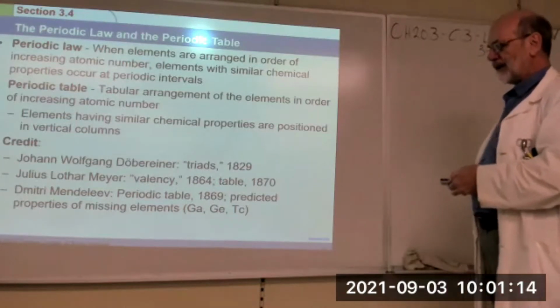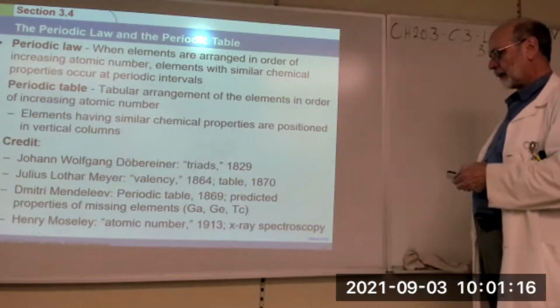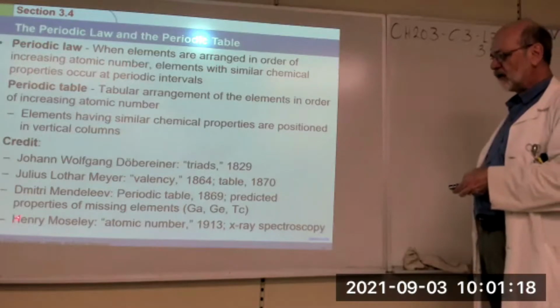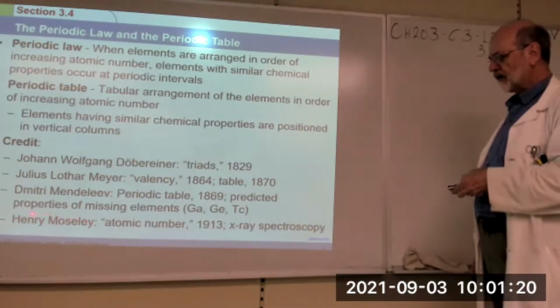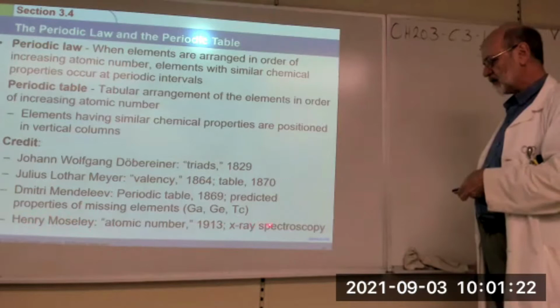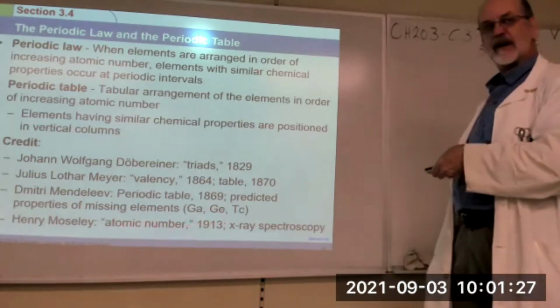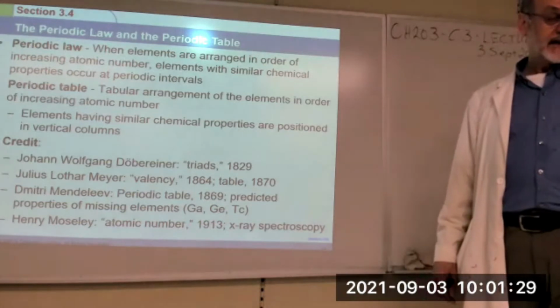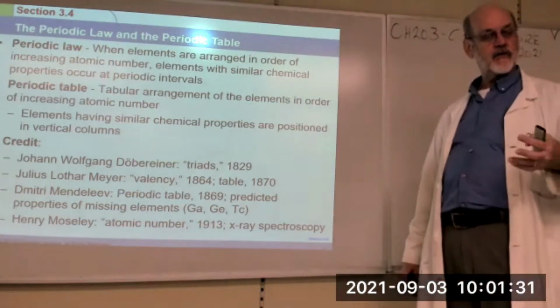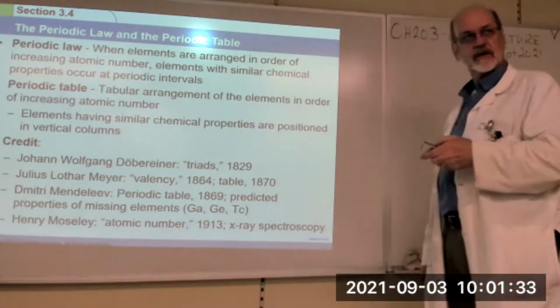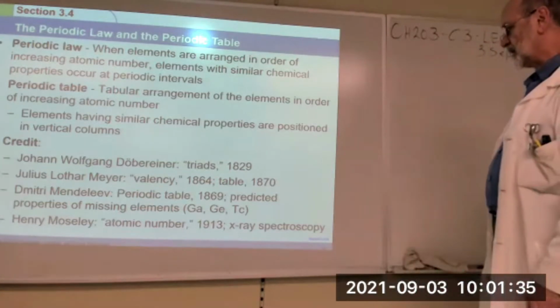And that's why he gets credit. And then I mentioned earlier Henry Moseley, who was the fellow that did X-ray spectroscopy on metals and discovered the atomic number. He didn't associate it with protons at that time, of course, but eventually it did happen.